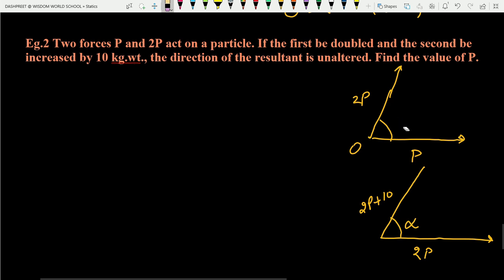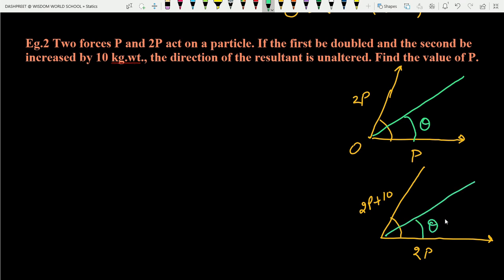Here he is saying that this alpha may be different, but the angle of inclination of the resultant R is unaltered. This angle theta remains the same in both the cases. He is saying this. There is no change in this angle theta. So for here, you can complete that parallelogram.